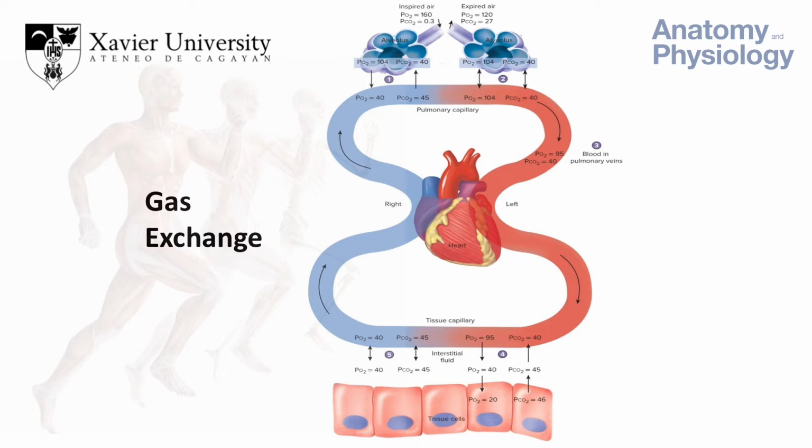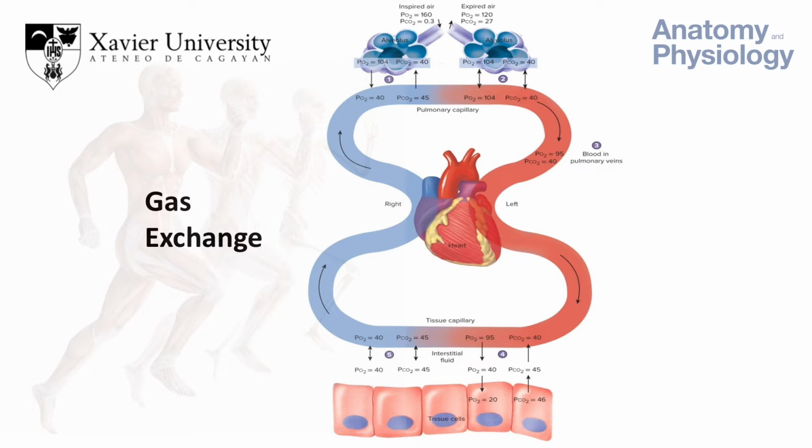Next, the PO2 of the blood in the pulmonary veins is less than in the pulmonary capillaries because of mixing with deoxygenated blood from veins draining the bronchi and the bronchioles. Then oxygen diffuses out of the arterial ends of tissue capillaries, and CO2 diffuses out of the tissue because of the differences in partial pressure.